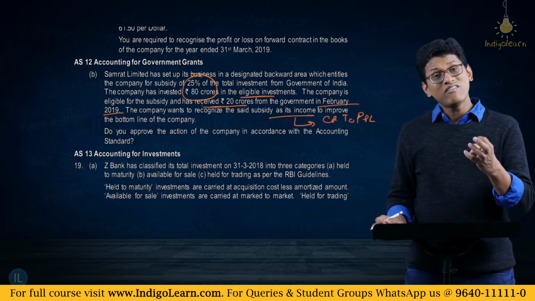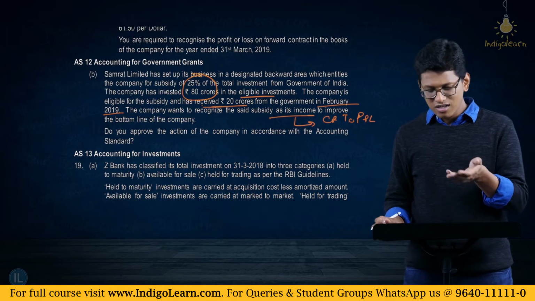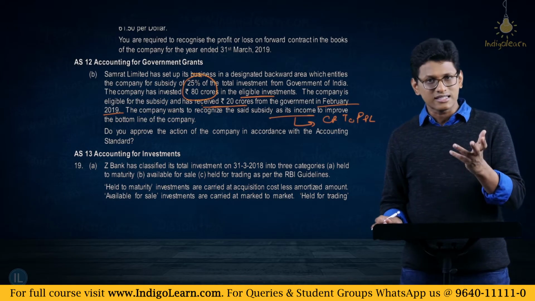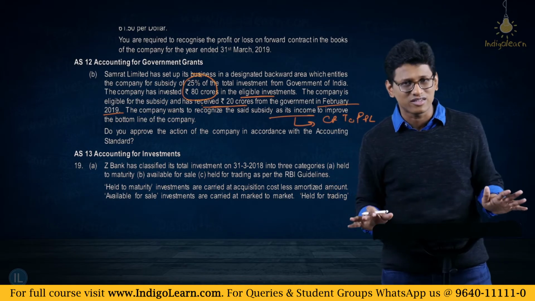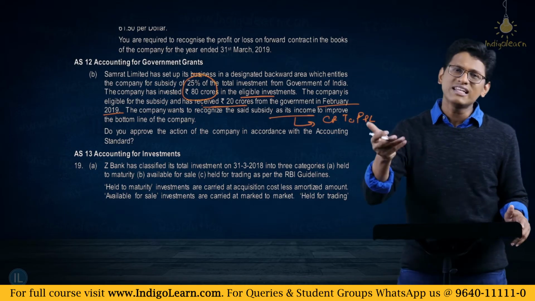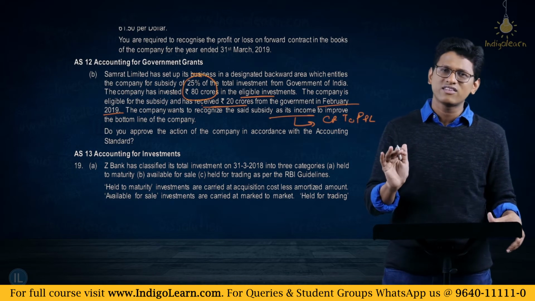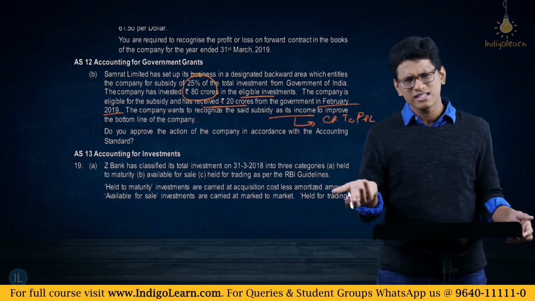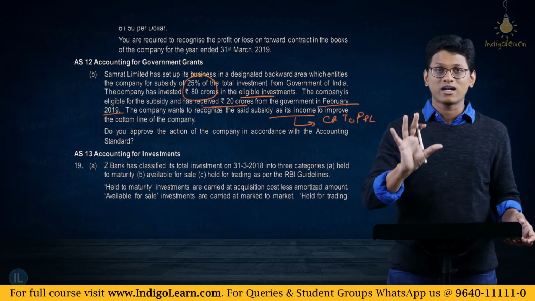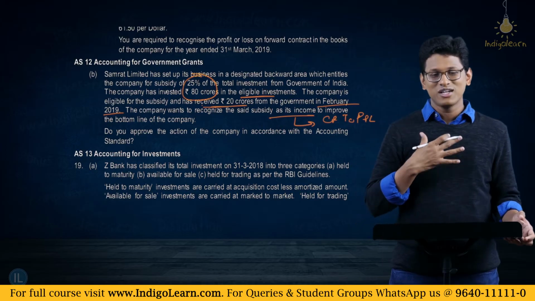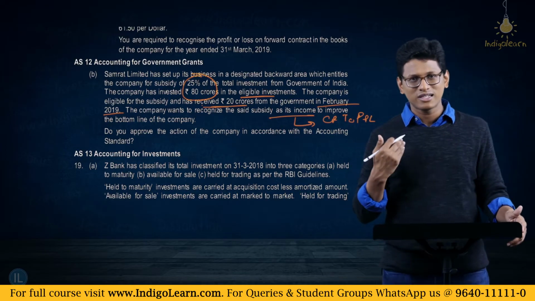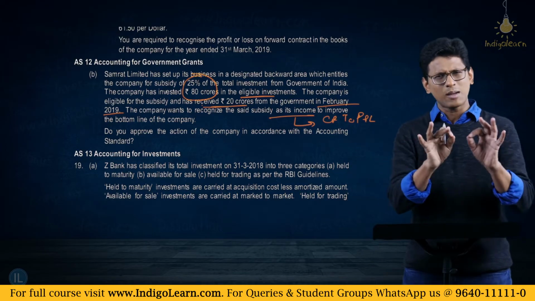Then receivability is the second condition. The question says receivability is there and it's even received. If it is simply received, we cannot conclude, but conditions are met and also it is received. So there is no question, it's a government grant only. There is no confusion, it is our government grant. It requires recognition somewhere.